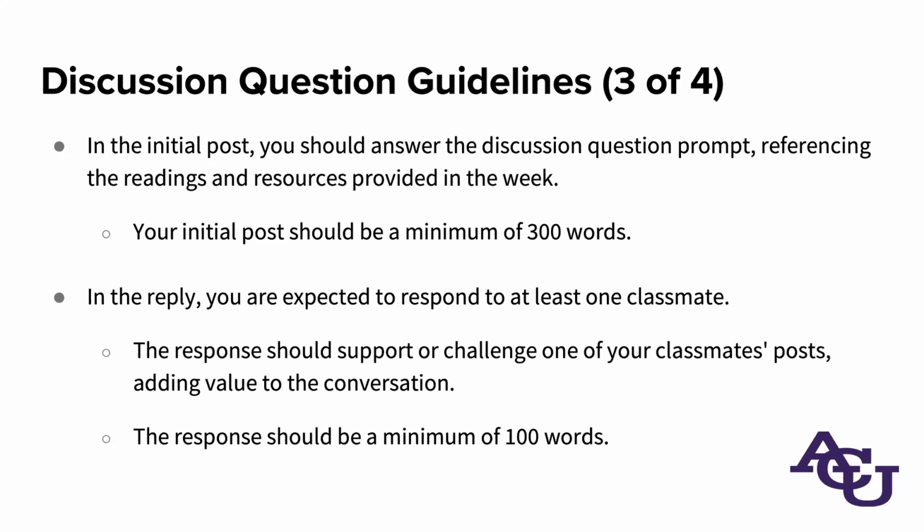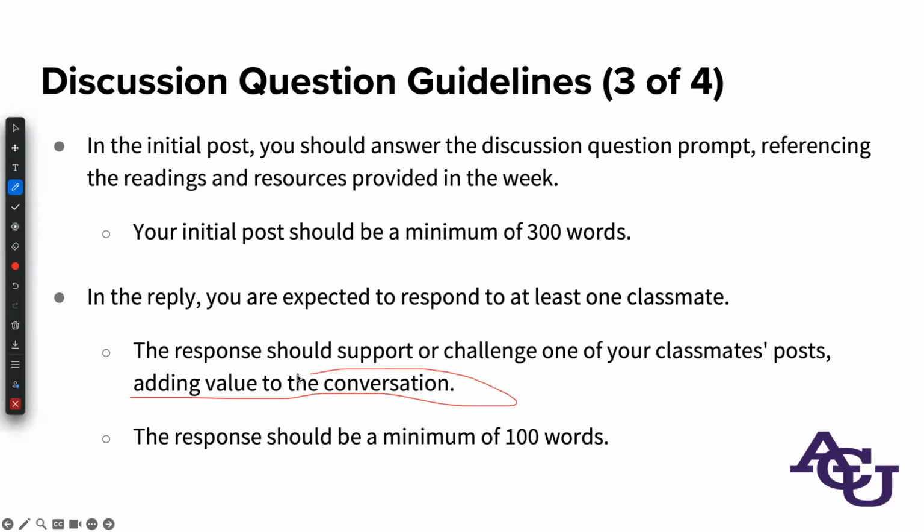Again, we need to respond to at least one classmate, ideally two, because it makes for a more interesting and dynamic discussion. And within that response, you should have a minimum of 100 words. And you can see in the last bullet here, it specifically says that you should be adding value to the conversation. And that's an important thing, to have something that is contributing, that is enhancing it.